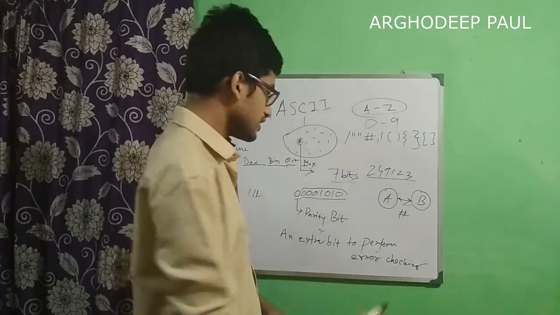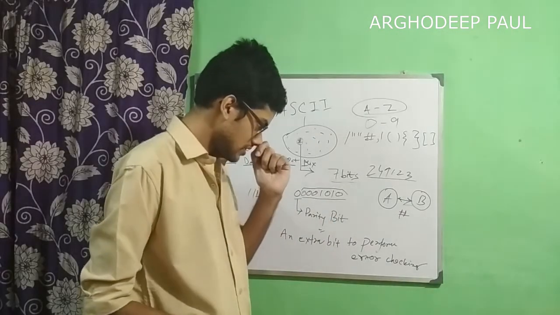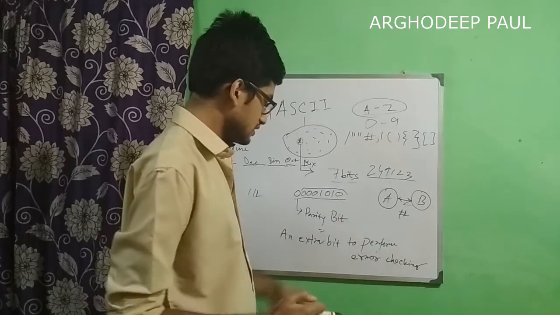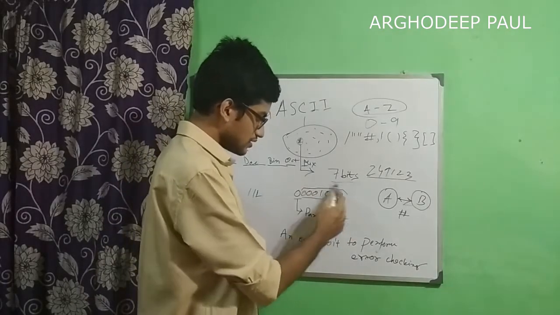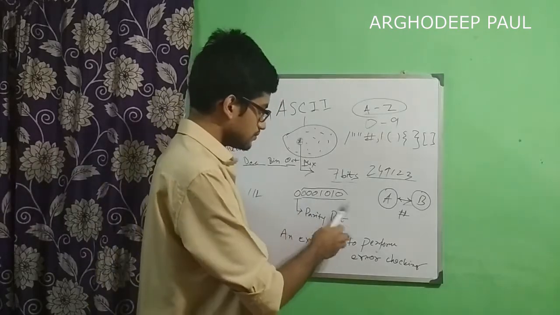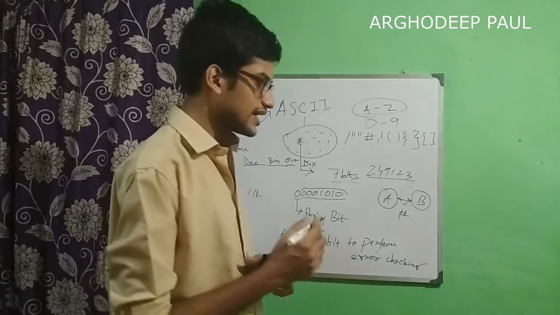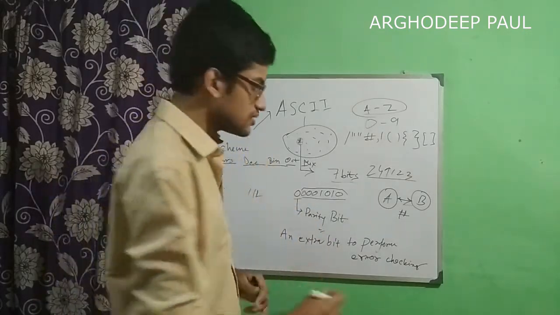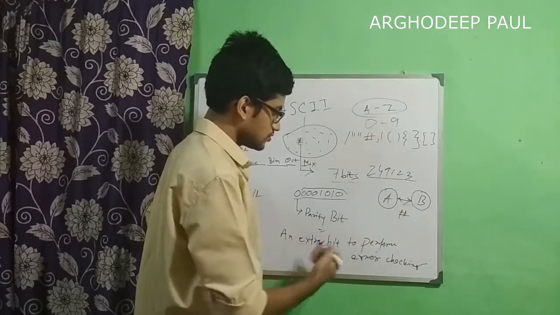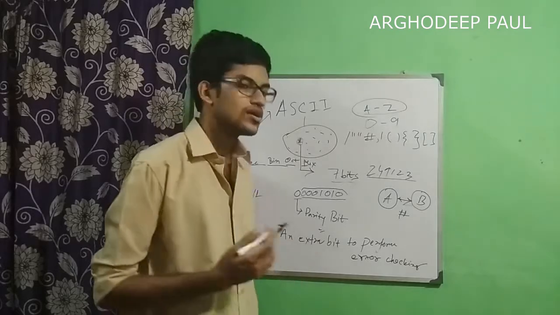It performs error checking. When I'm sending this series of bits, as it is not an individual number, the whole number itself contains 7 digits. So there can be a digit loss. Digit loss means that when I'm sending this series of bits, one or more digits can be lost.